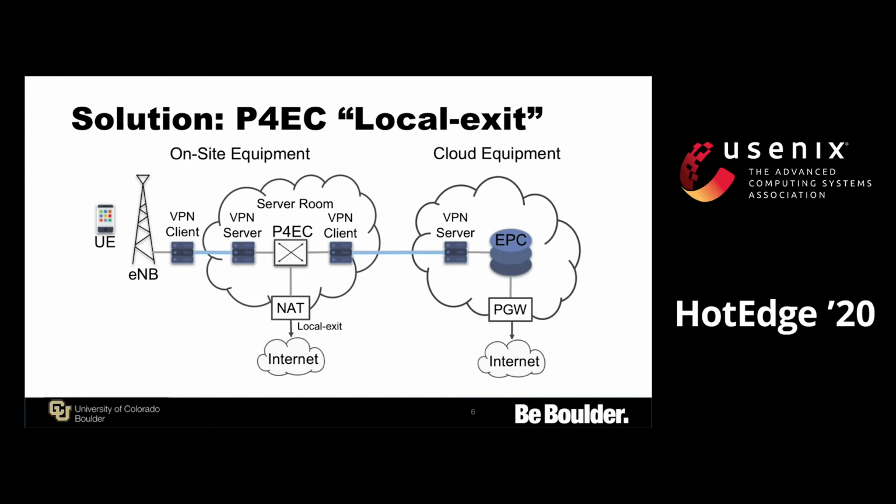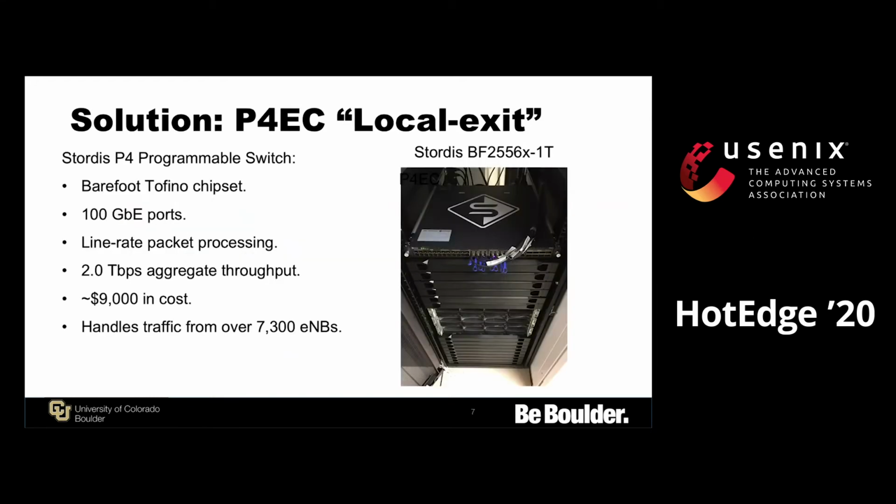This way, the UE has access to low latency services, such as accessing nearby mobile devices, fog services, or localized information. So in general, the P4EC serves two roles in an LTE deployment. First, it provides quick access to edge computing resources physically near the E-Node B, thus offering faster round-trip communication than the cloud. And second, the P4EC acts as a bump in the wire for non-fog-bound traffic.